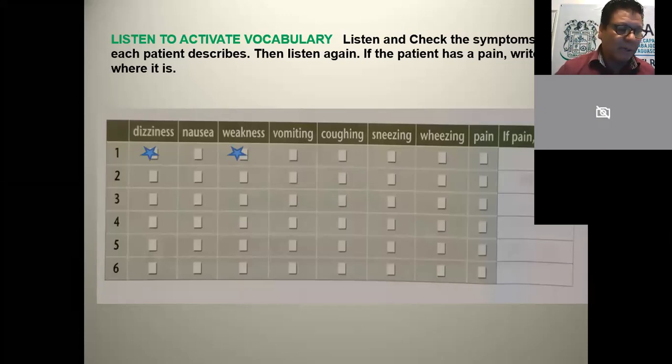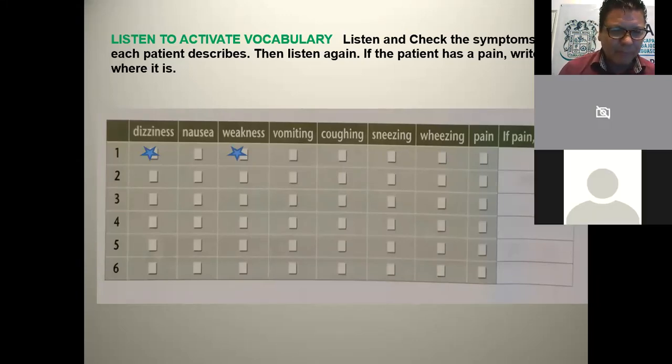How does he feel? ¿Cómo decía que se sentía esta persona? What's the name of the patient? I don't remember, teacher. Okay, no problem. What else? You listen that he has dizziness and he feels weakness. Has weakness. What else?